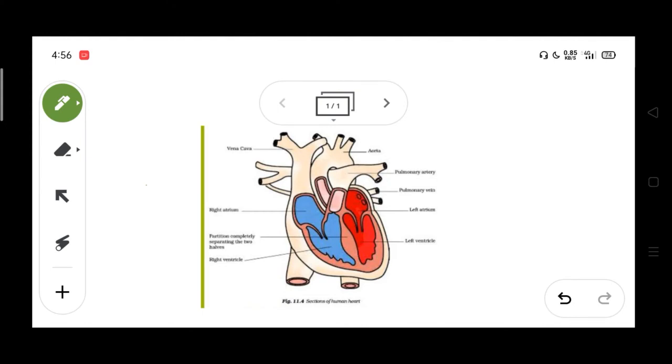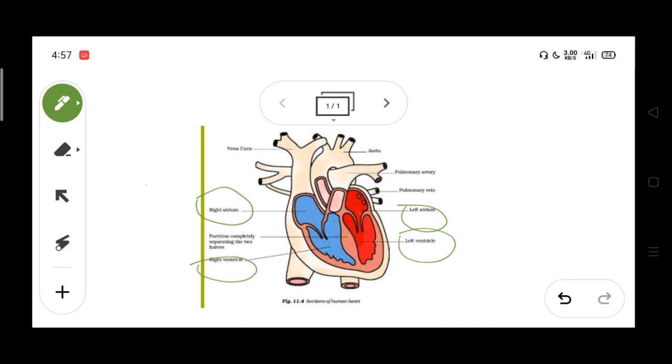I hope you have understood the blood vessels which arise from each chamber of our heart. Now we can relate that to the real structure of the heart. There are 4 chambers. The upper 2 chambers are called right atrium and left atrium, and the lower 2 chambers are called right ventricle and left ventricle.